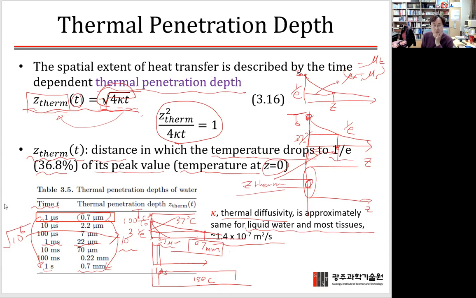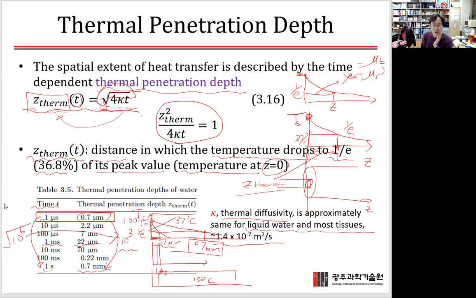So as you can see from this example, for the 1 microsecond, any thermal effects will happen less than 0.7 micrometer from the surface.